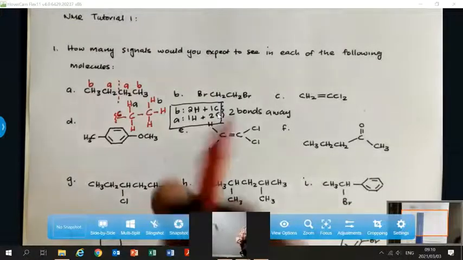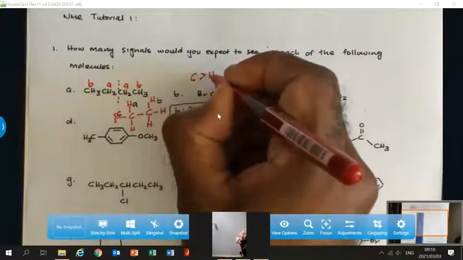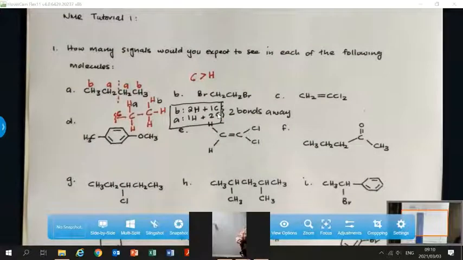And I know that my carbon is more electronegative than hydrogen. So the signal that I labeled A will have a greater de-shielding effect, because now these 2 electronegative carbons, as opposed to 1 electronegative carbon here.